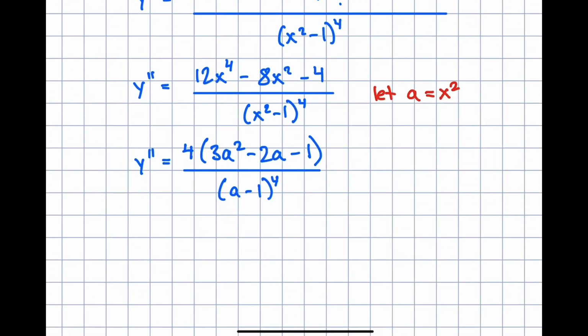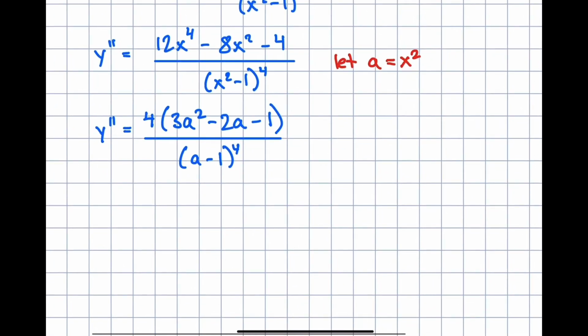All right, now this numerator is looking a little bit more reasonable, or at least it's something that we've seen before. It's just kind of a quadratic. So if we want to find where this numerator is equal to 0, we're going to need to factor it out. So let's try factoring this.